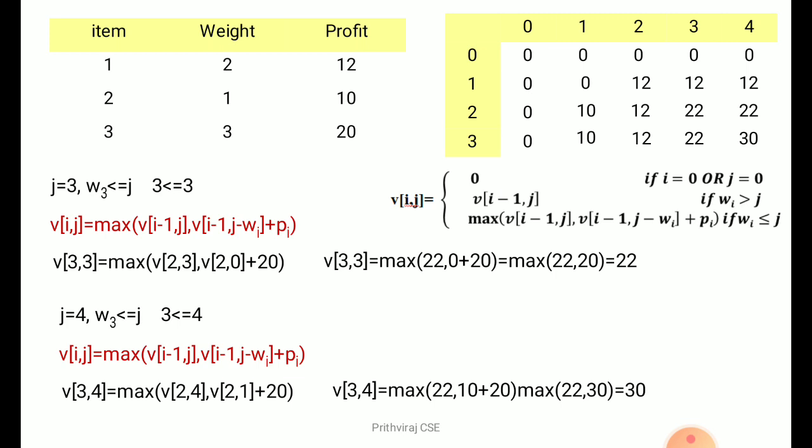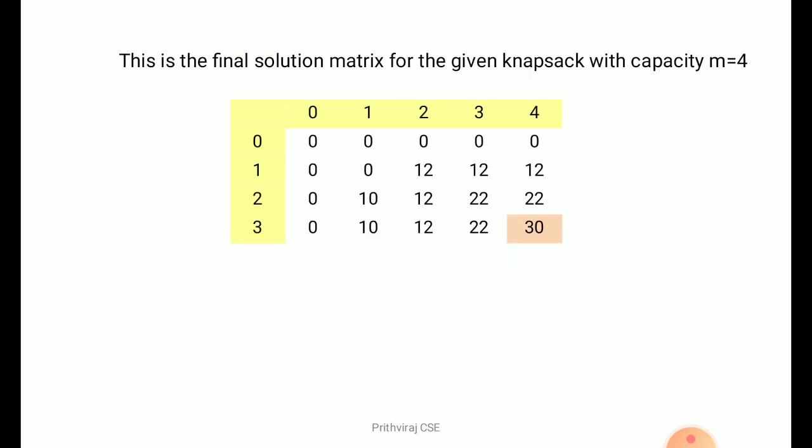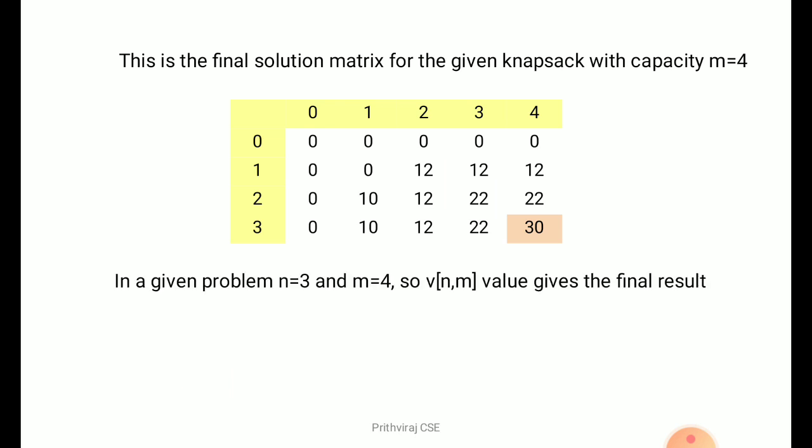So that's all we have computed for all the rows and columns in the solution matrix. Whatever matrix we get at the last stage will be our solution matrix. Here one thing you can observe: for the given problem n is equal to 3 and m is equal to 4. So we need to calculate v of n comma m, which gives the final solution.